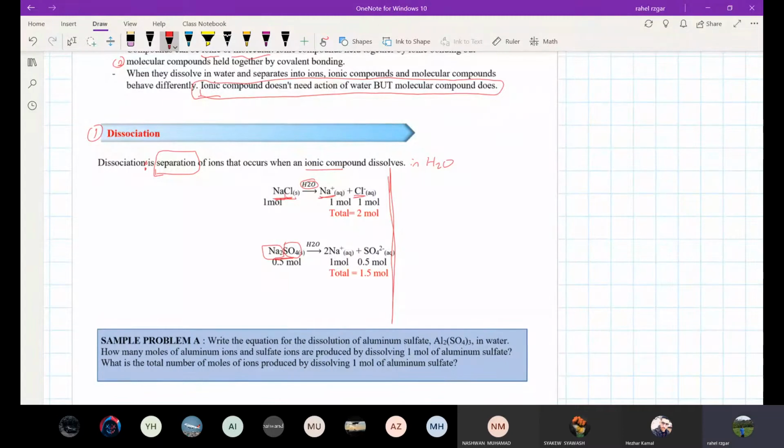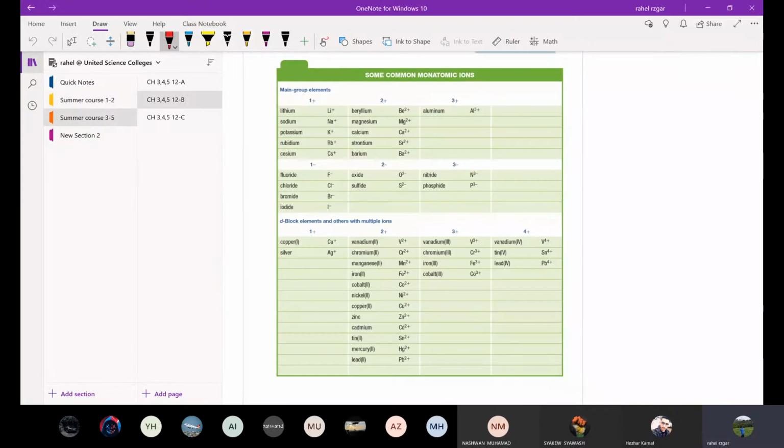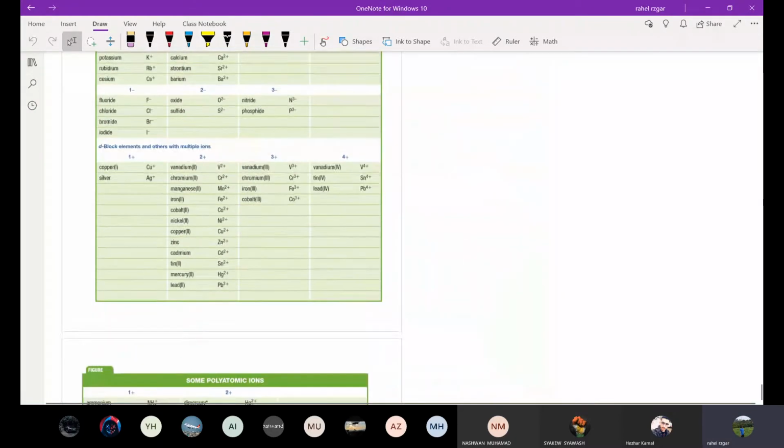So in order to be successful in this chapter, or to understand this chapter and easily solve the questions, you have to memorize last year's tables: monatomic ions and polyatomic ions. I have added those tables in the new booklet here. So this is the new booklet.